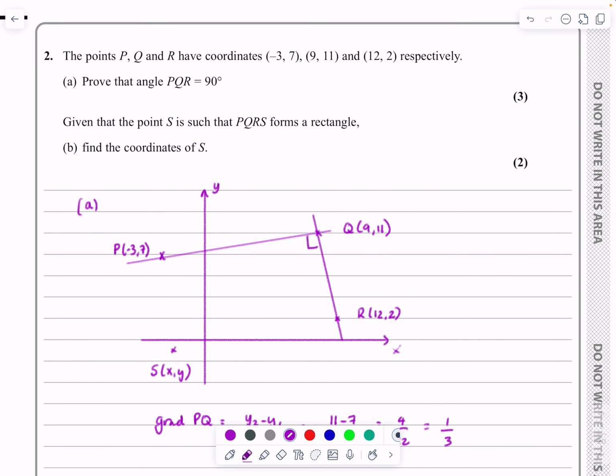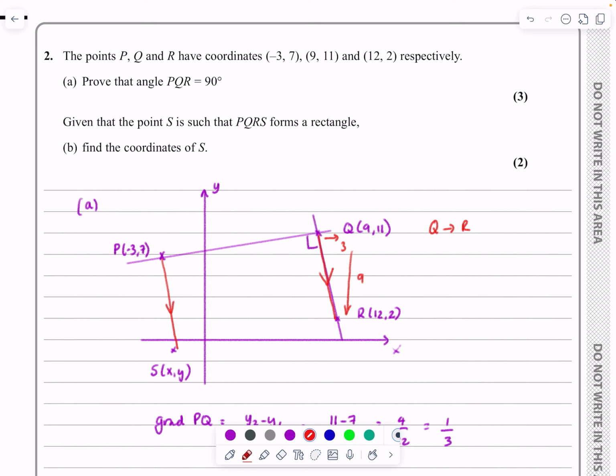It says find the coordinates of S here. So if I want to find the coordinates of point S, what I do is I basically say what's happening there is the same as what's happening on the right hand side, what's happening with QR. We can simply say that in order to get from Q to R, we move across 3 units and we move down 9 units.